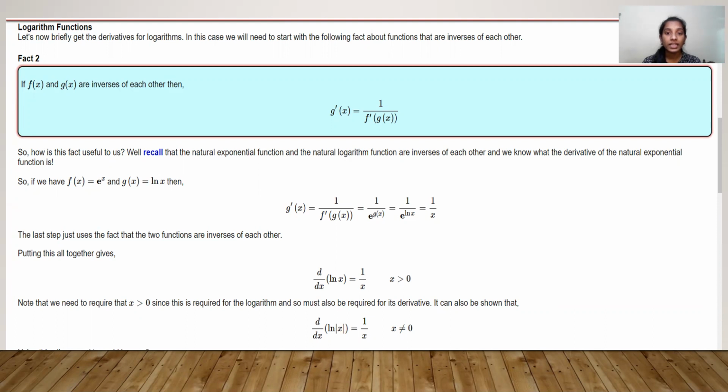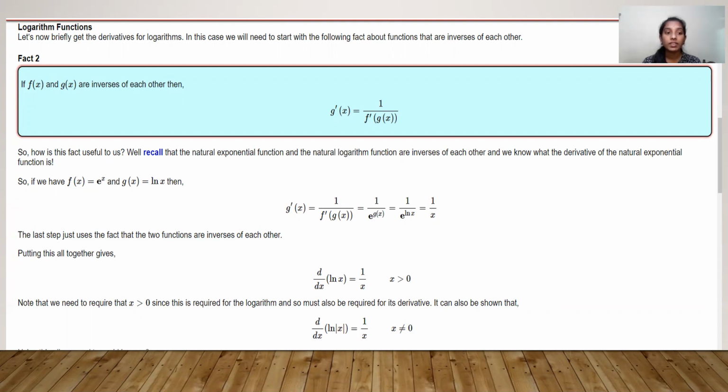As we know the derivative of the natural exponential function is e power x, that is 1 by e power g of x. Here g of x is ln x, so 1 by e power ln x. Since e power ln x is equal to x, that becomes 1 by x.